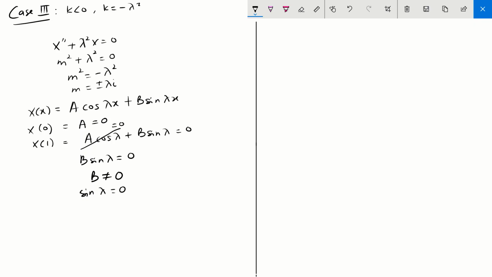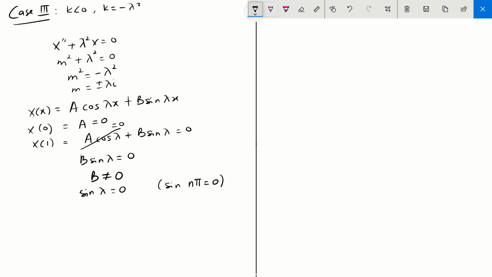If you recall that sin lambda equals 0, we can find the values of lambda. In the Fourier series chapter, we said that sin n pi is equal to 0. When we sketch the sine function, sin n pi, when n is 1, 2, 3, 4, 5, always gives us 0.